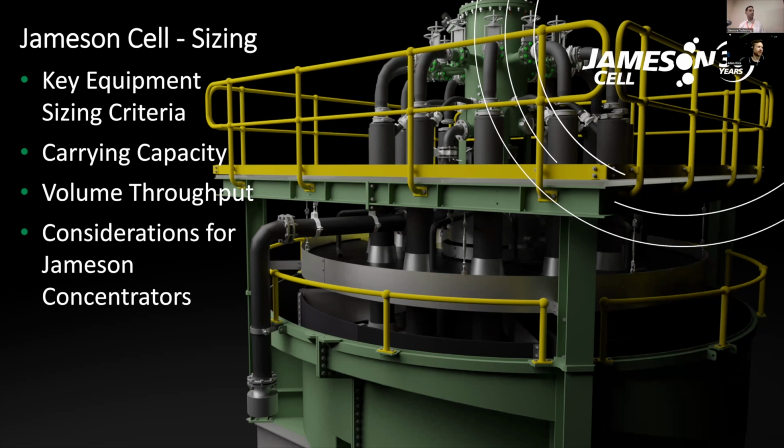So a couple of the areas we'll look at are carrying capacity and volume throughput. And then, as I said, we'll touch briefly on full circuits or Jameson concentrators, and what extra we have to consider for those rather than just a single cell.